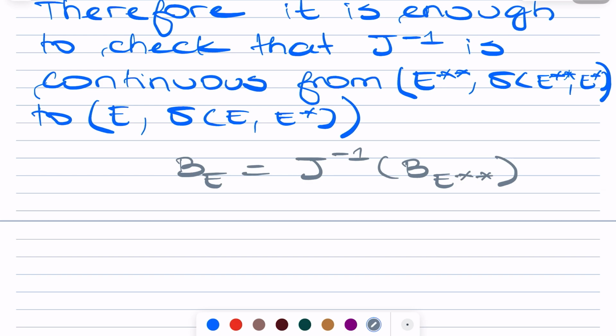And then we know that the image of a compact set through a continuous map is actually compact. So, okay, we just need to prove that J minus 1 is actually continuous.